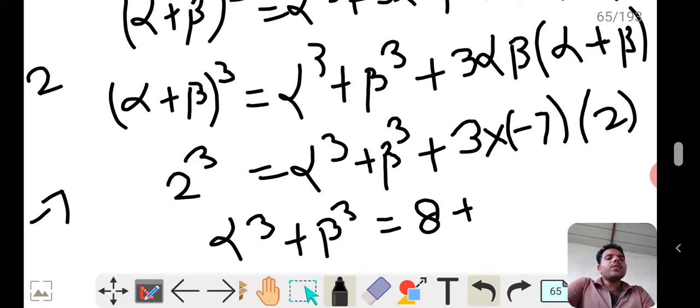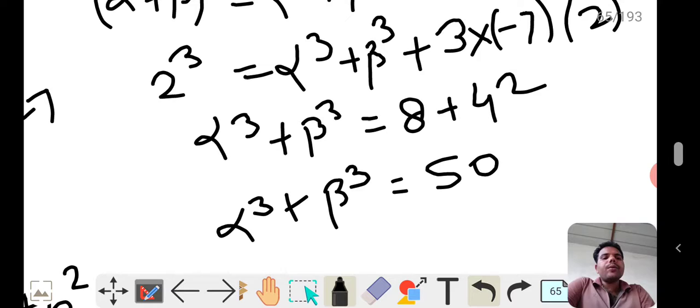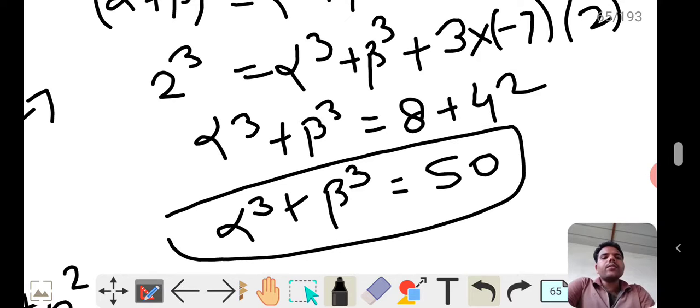We shift this minus 42 to the left side, we will get plus 42. So we can write alpha cube plus beta cube as 50. So this is our answer. Now we have found the value of alpha cube plus beta cube as 50.